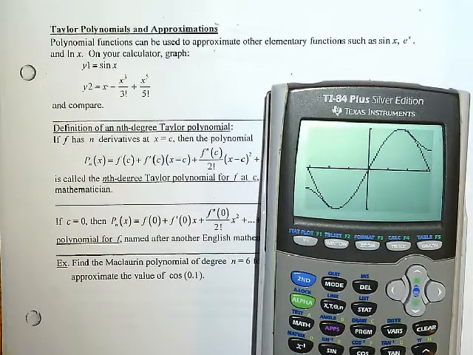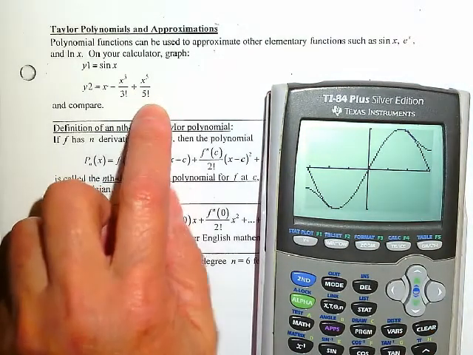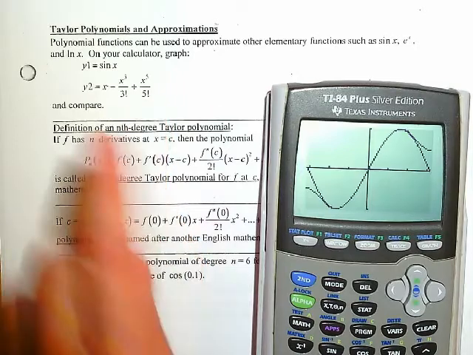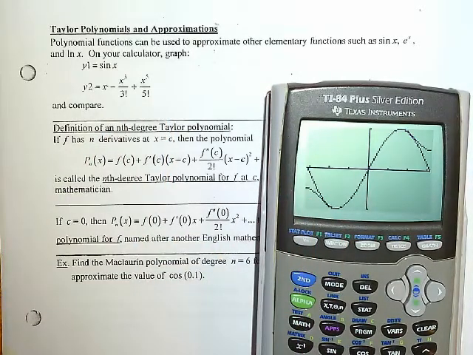Your calculator, clearly with a lot more terms than just these 3, is using a Taylor polynomial to not only approximate, but with pretty good accuracy, as you can see. With more than just the 3 terms, it's able to calculate those sine graphs, e to the x graphs, log of x graphs, lots of different graphs.